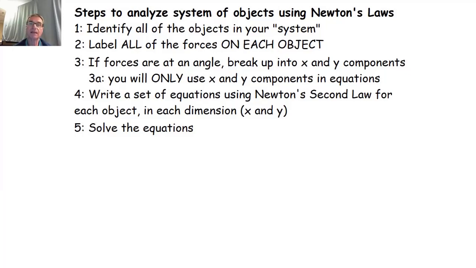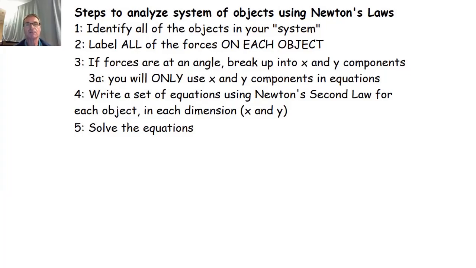So the steps to analyze a system of objects using Newton's laws. In a minute we're going to go over just what a system of objects is. But the first thing we need to do anytime we're going to do any analysis using Newton's laws is identify what all of the objects are in our system.